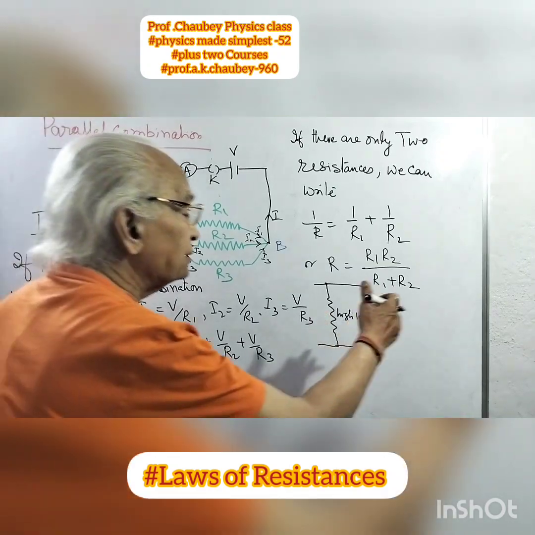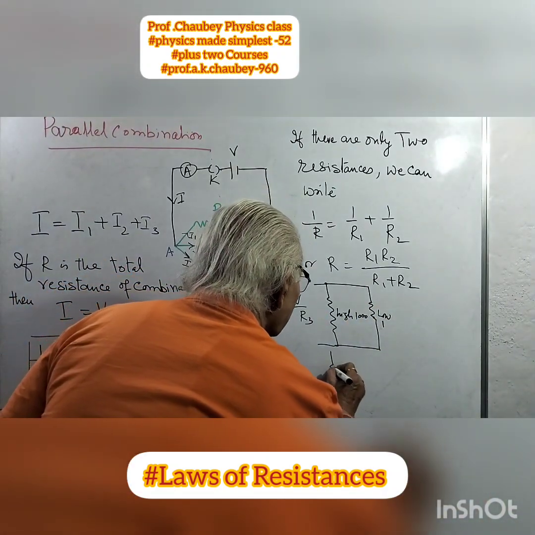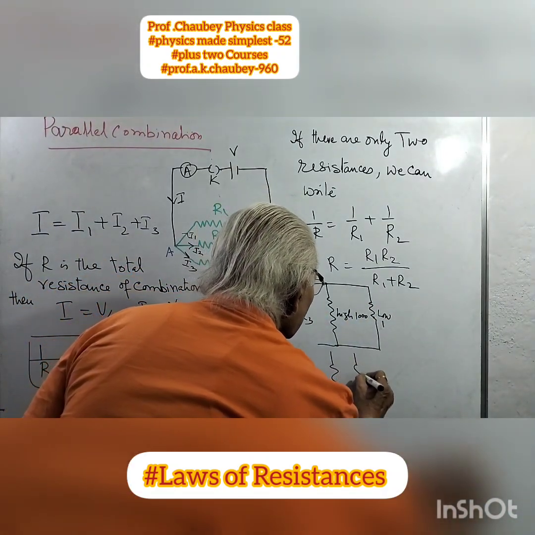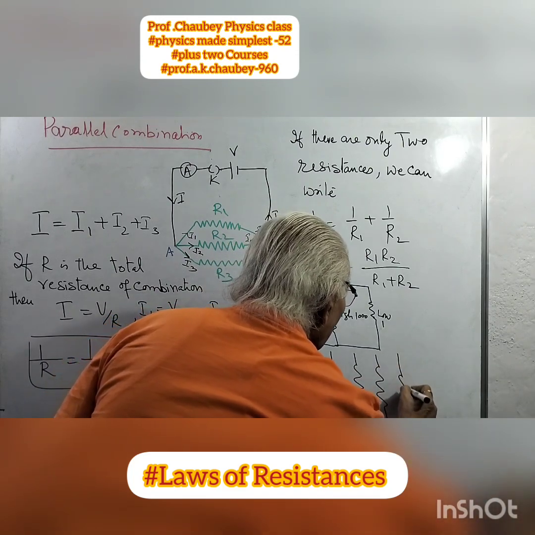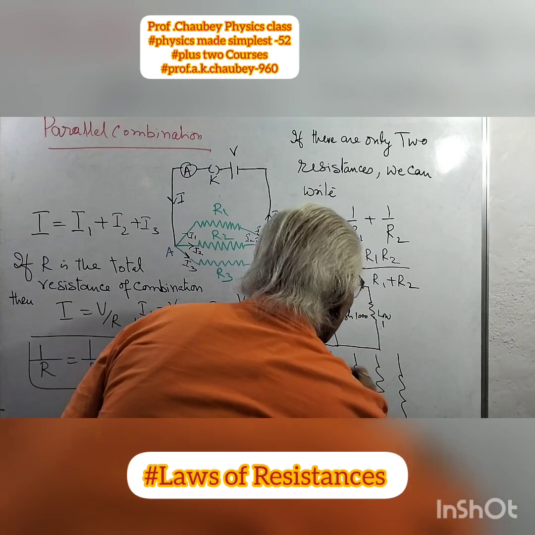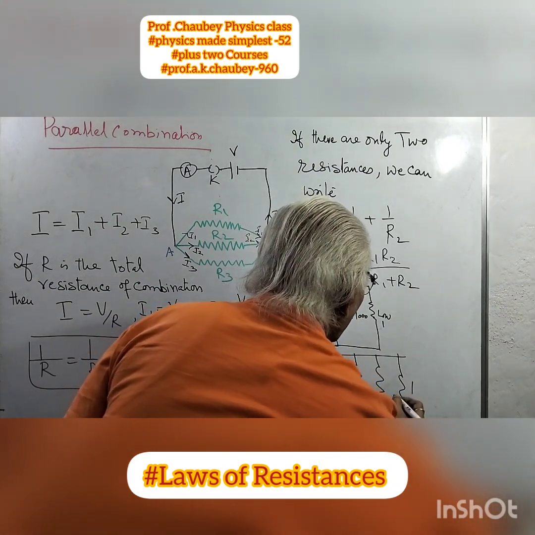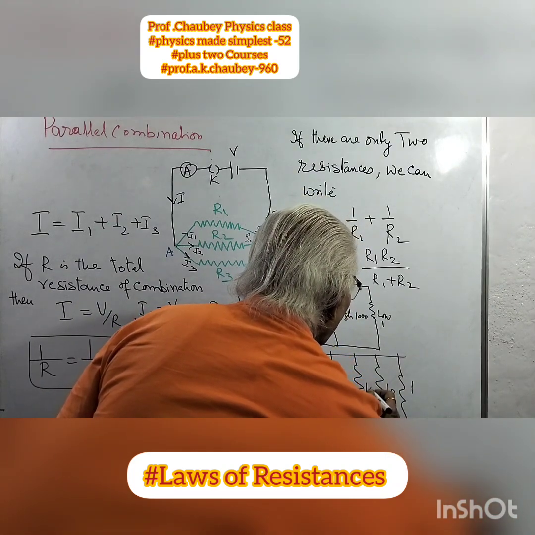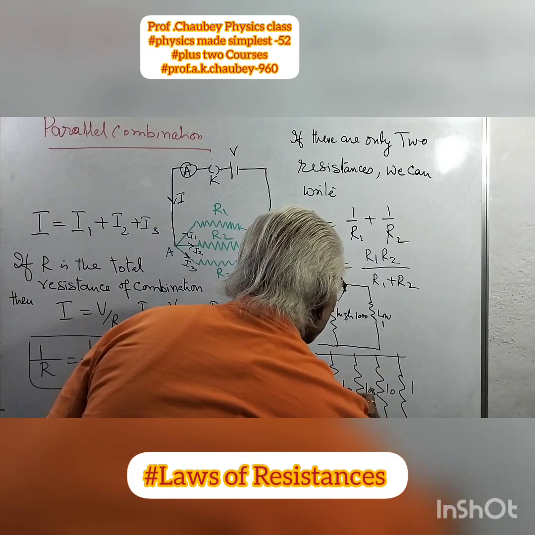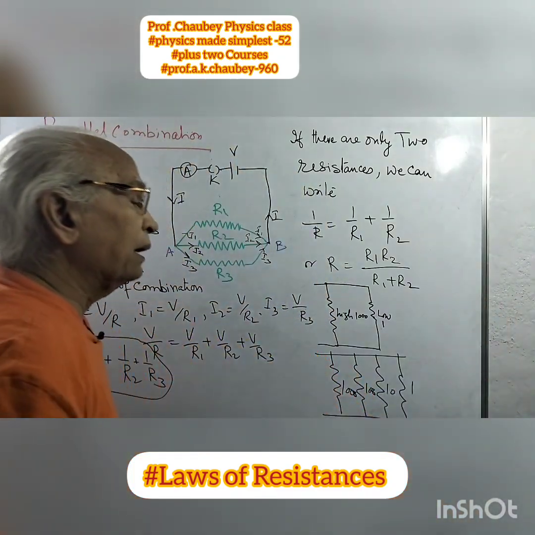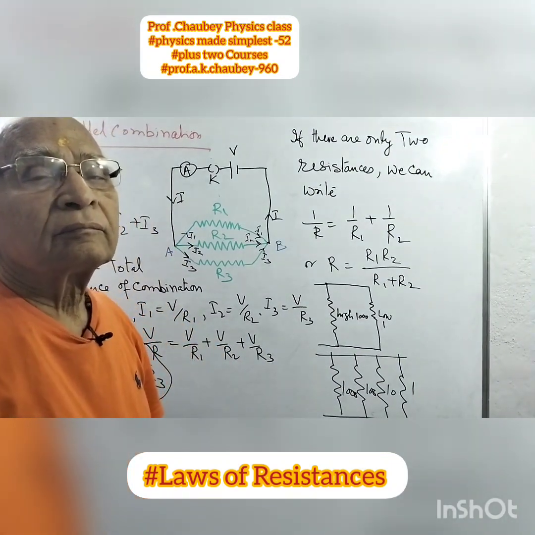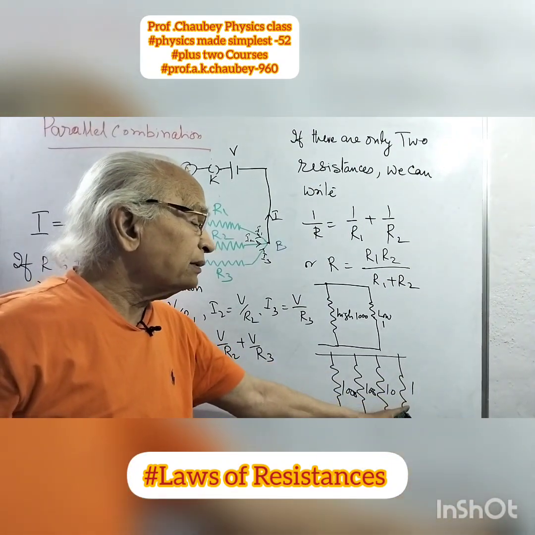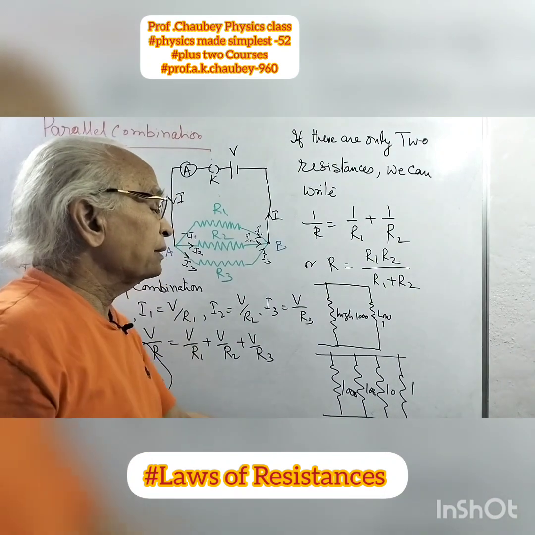Say you have many resistances in parallel, like this. This is 1 ohm, this is 10 ohm, this is 100 ohm, this is 1000 ohm. You combine the four and find the result will be less than 1, because the lowest resistance is shunting all the resistances.